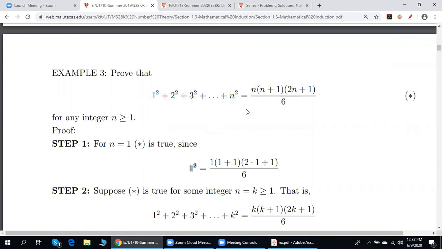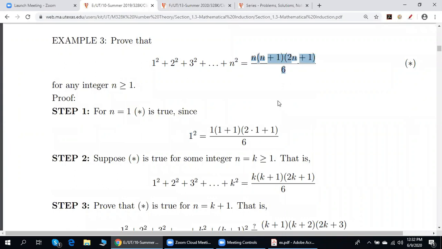If n is equal to 1, the right-hand side becomes 1 times 1 plus 1 times 2 times 1 plus 1 over 6. This is 1, this is 2, this is 3. 1 times 2 times 3 is 6. 6 divided by 6 is indeed 1.